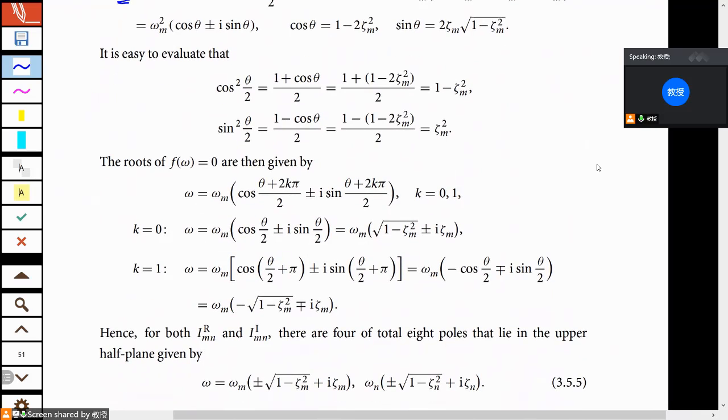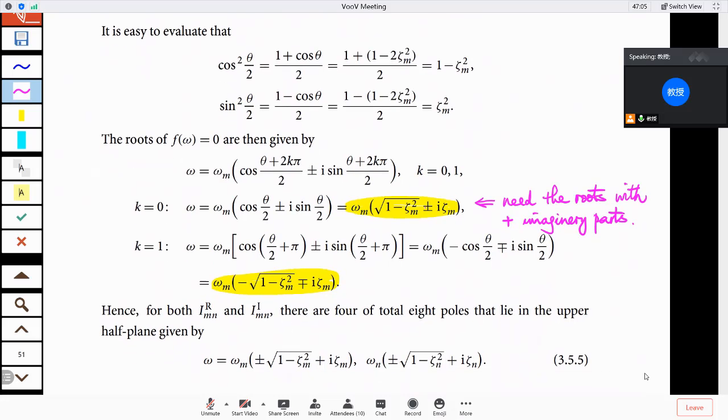So we have 4 roots. Two roots here and 2 roots here. We only need the roots with positive imaginary parts.